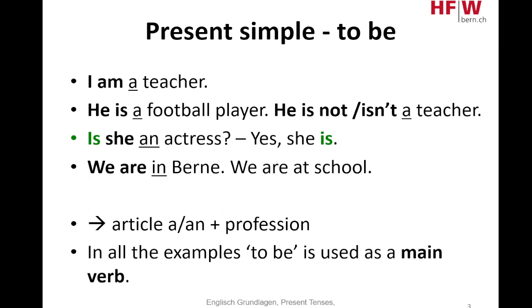A main verb can stay alone. It means no other verb joins with the main verb. If there is a verb joined with the main verb, we cannot call it a main verb. For example, a modal auxiliary verb or auxiliary verb joins with the main verb. Okay, let's continue.